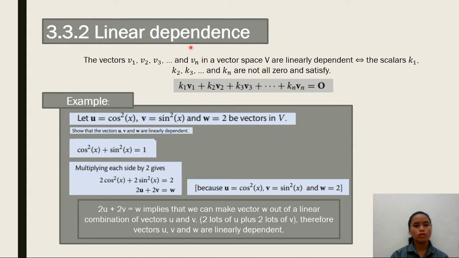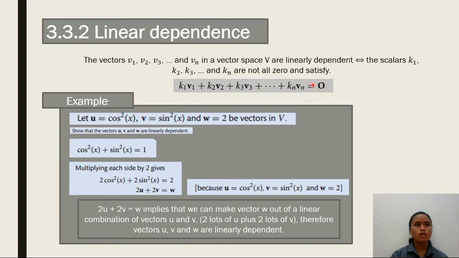3.3.2 linear dependence. The vectors v1, v2, v3, up to vn in the vector space V are linearly dependent if there are scalars k1, k2, k3, up to kn that are not all 0 and satisfy the formula.